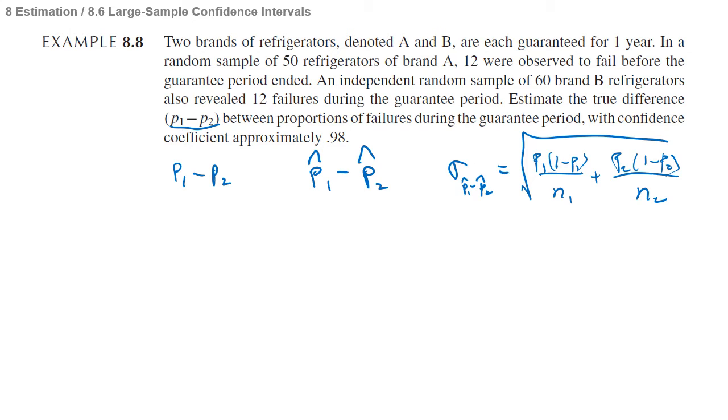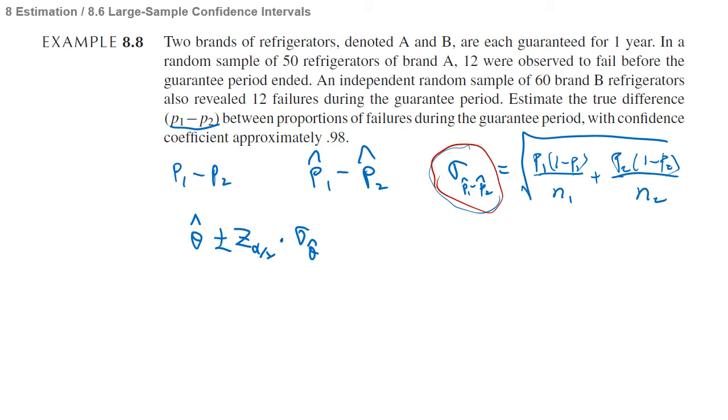Previously in example 8.6, we derived that the confidence interval is theta hat plus or minus z alpha over 2 times the standard error of theta hat. Since we don't know the exact values of P1 and P2, this value is unknown.